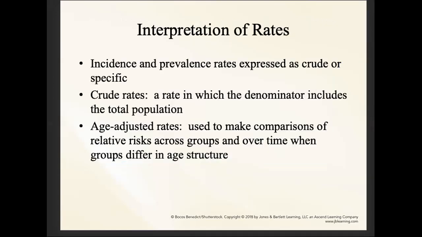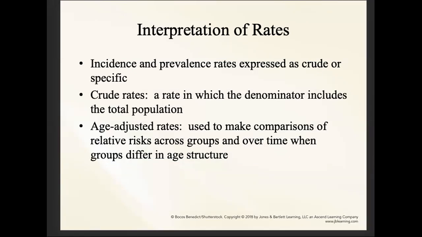So when we think about how we interpret these rates, incidence and prevalence rates are expressed as crude or specific. A crude rate is a rate in which the denominator includes the total population. An age-adjusted rate is used to make comparisons of relative risk across groups and over time when groups differ in age structure.